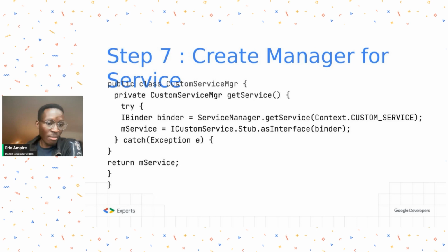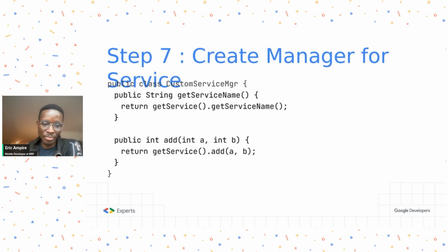Don't forget that this stub has been generated for us, and I just need to use the asInterface method by providing the binder to that method, and it will return the service that I can assign to my mService object that has been created recently. And after this process, I can just return that particular service, and it can be used quite easily.